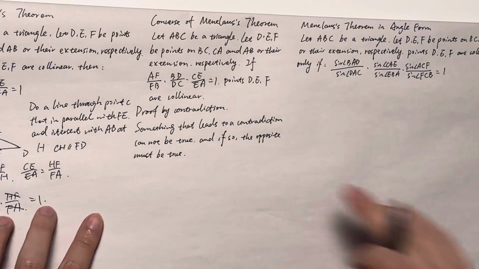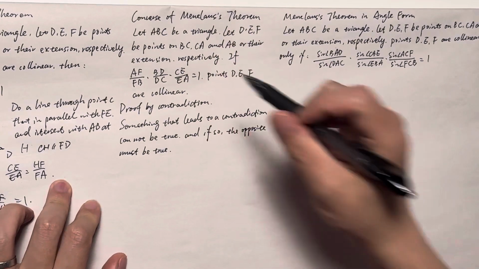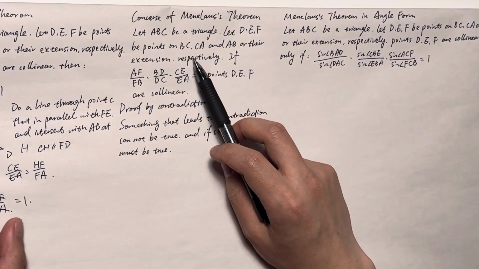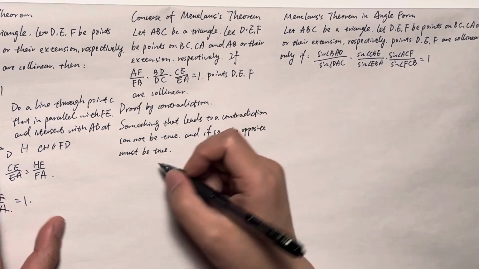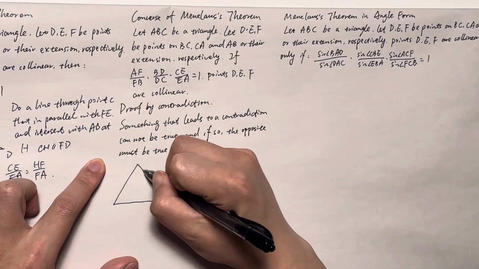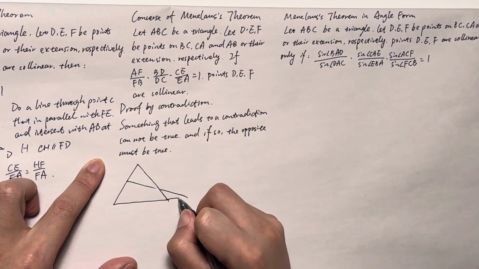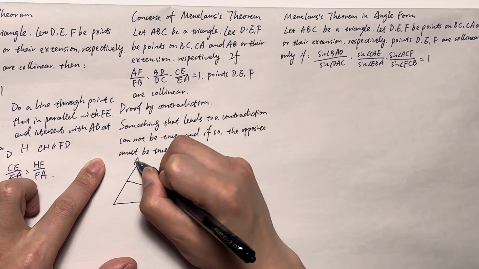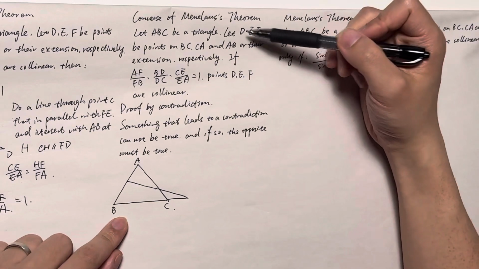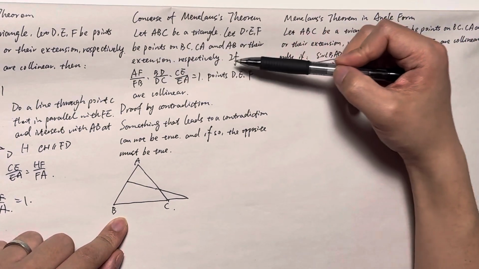Now we look at the converse of Menelaus theorem. It says, let ABC be a triangle, let DEF be points on BC, CA, and AB or their extension respectively.